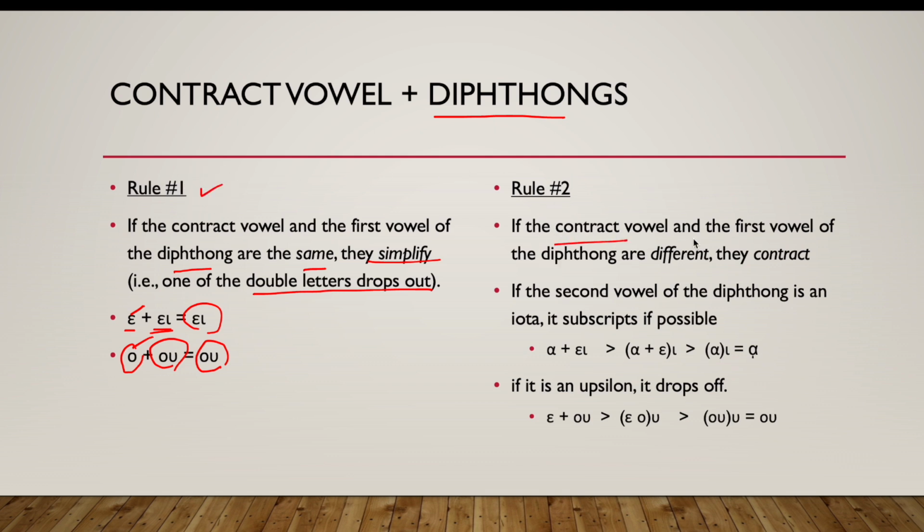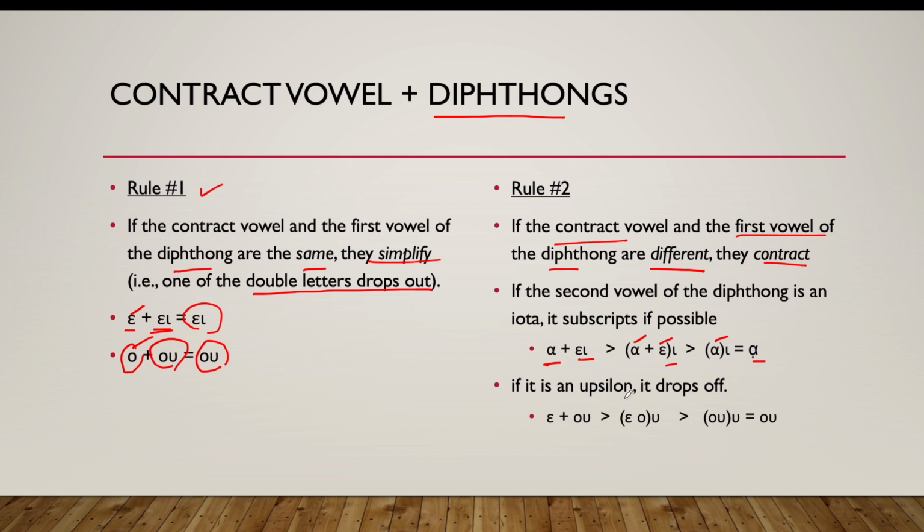If the contract vowel and the first vowel of the diphthong are different, they contract. So what happens here? You get the alpha and the epsilon moving to an alpha. So going back to the singular rule, and the iota subscripts, okay, if possible.